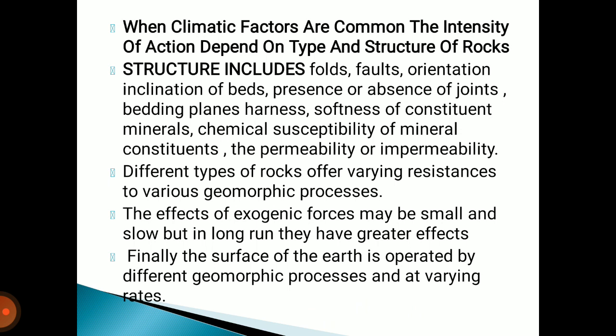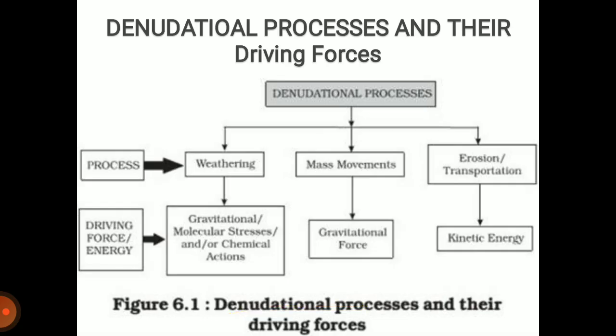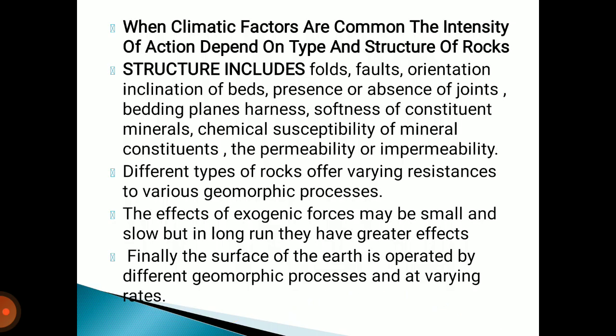When climatic factors are common, the intensity of action depends on the type and structure of rocks. This is just the explanation of the table itself. Because of climate changes, temperature or pressure, there are a lot of changes in the structures of rocks and minerals.